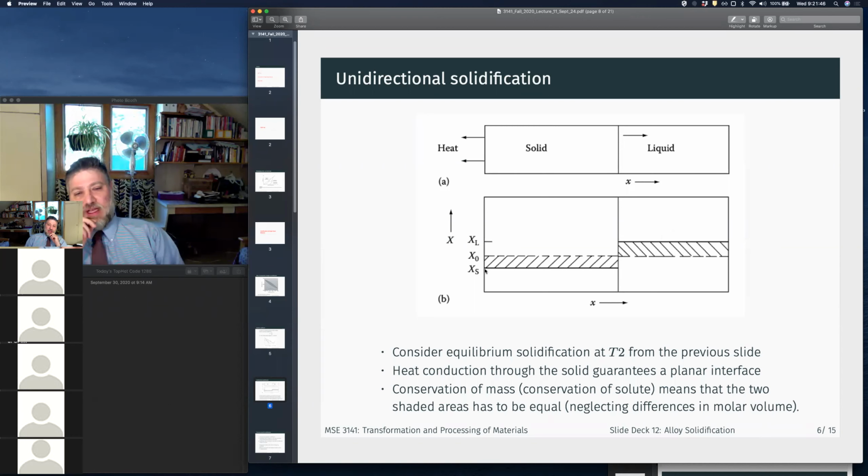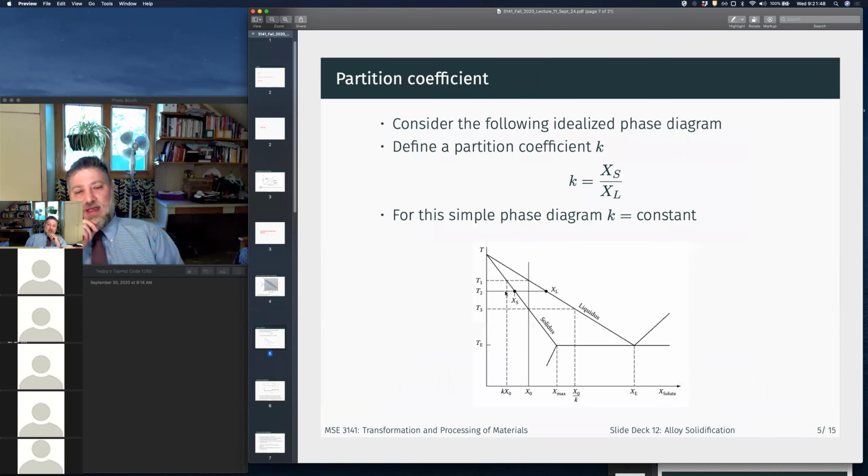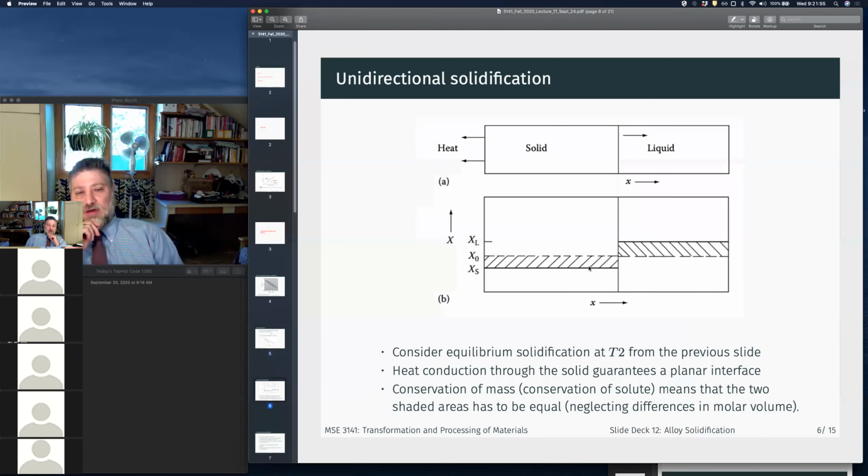And the composition is given by the solidus and the liquidus for a given temperature. And because we need to follow conservation of mass, in this case, we're not destroying or creating any solute. There's no atomic reactions happening here. Any solute that is rejected from the solid as it freezes has to mean an increase in composition of the liquid, right?